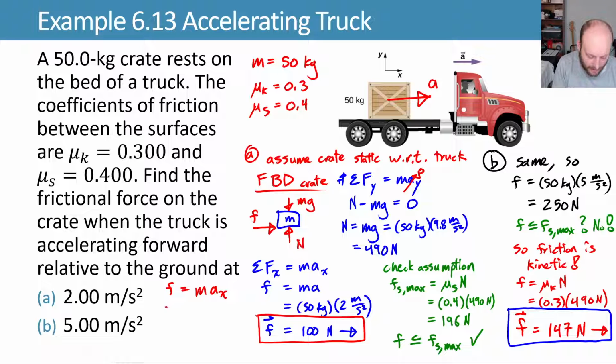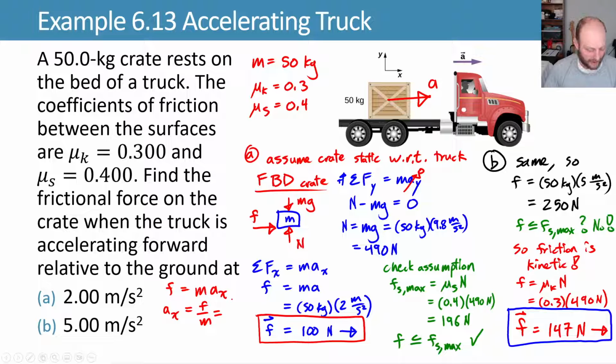We can solve for this maximum acceleration in terms of the frictional force and plug in the maximum value here. So you can plug in the 196 there and find a maximum acceleration.